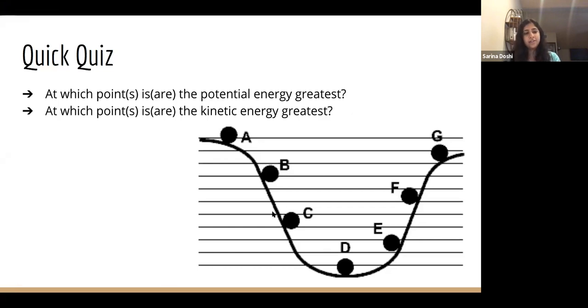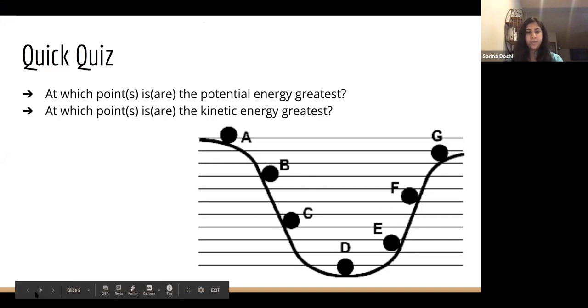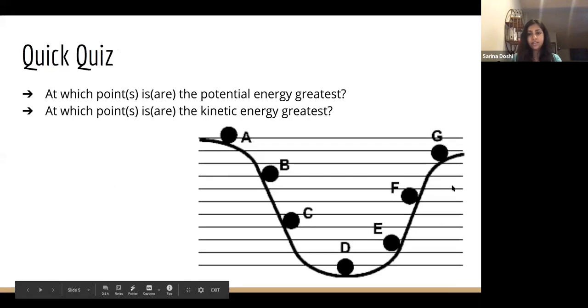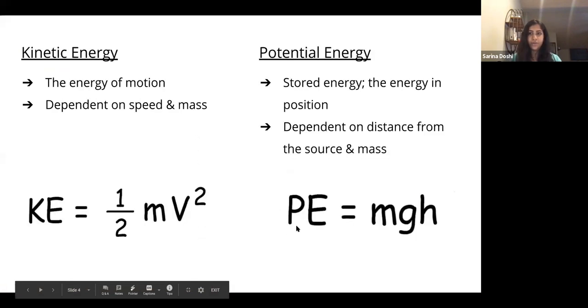Yeah, A is higher, so there's more potential energy. Going back to the previous slide, potential energy is dependent on height. So as height increases, your potential energy will also increase. Okay.